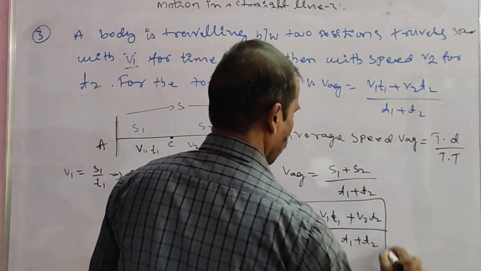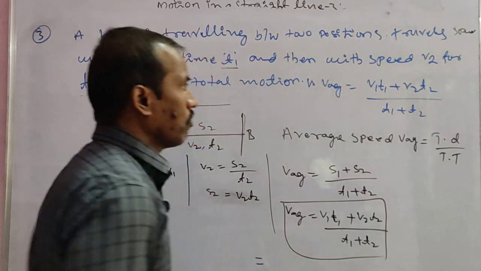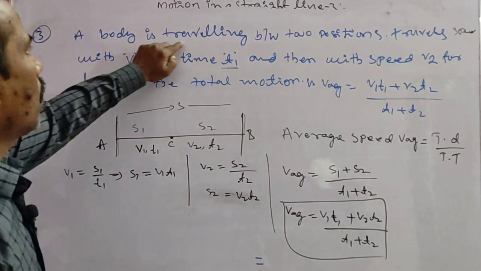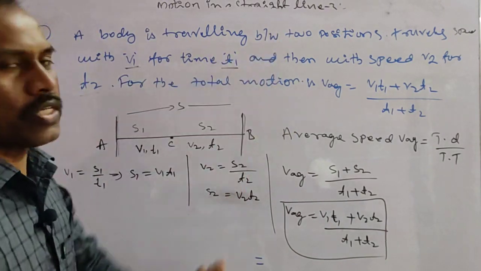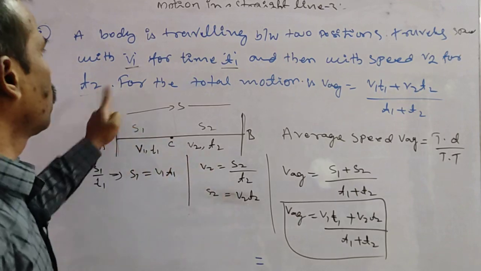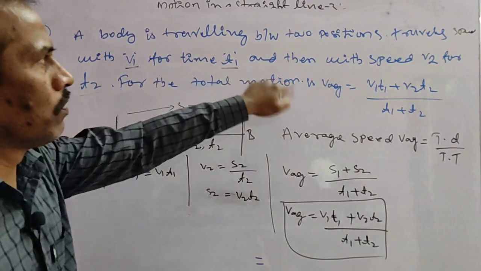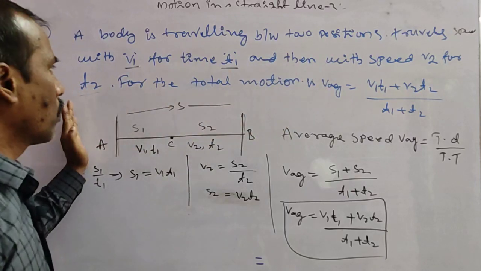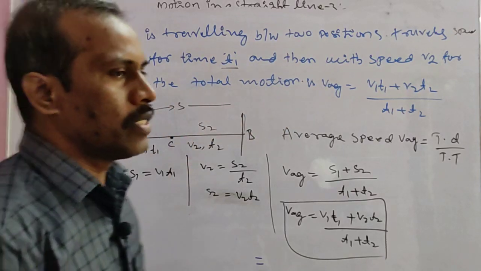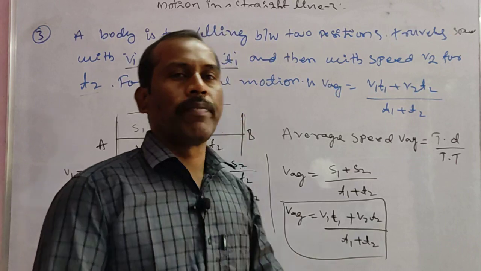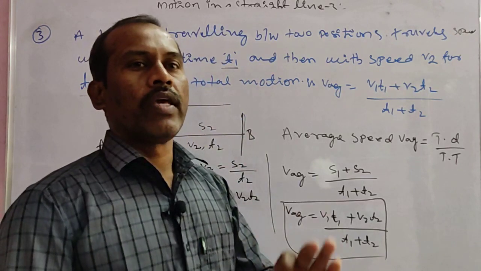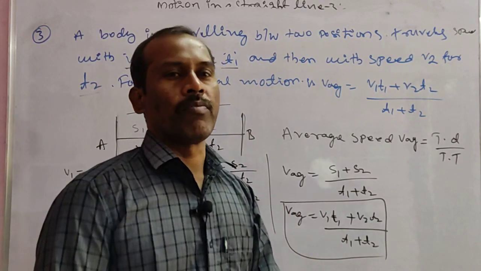This is a formula, okay. Once again, a body is traveling between two positions with speed v1 for time t1, and then with speed v2 for time t2. For the total motion, the average speed is v1 t1 plus v2 t2 by t1 plus t2.